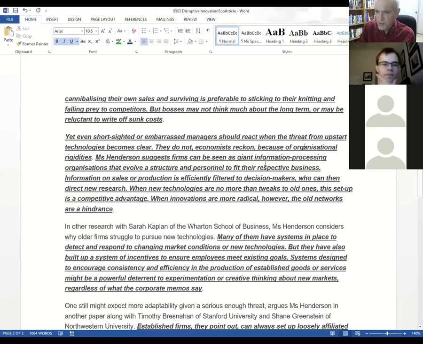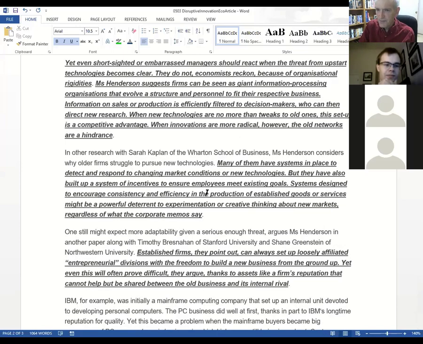So there are organizational rigidities. A firm can be seen as a giant information processing organization that evolves a structure and personnel that fits their existing business. They're looking at sales. They're looking at the stuff that doesn't work for a disruptive innovation.